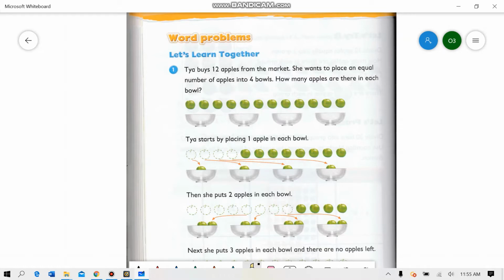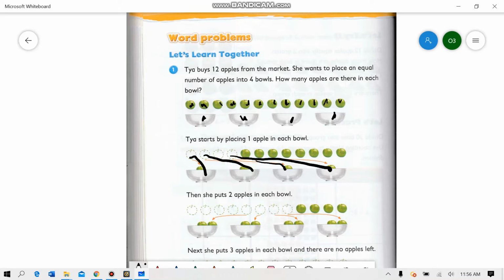So you will see that there are 12 apples here. Okay, so 1, 2, 3, 4, 5, 6, 7, 8, 9, 10, 11, and 12. And there are 4 bowls. 1, 2, 3, 4, right? So Taya starts placing 1 apple in each bowl. So she put 1, 2, 3, and then 4.